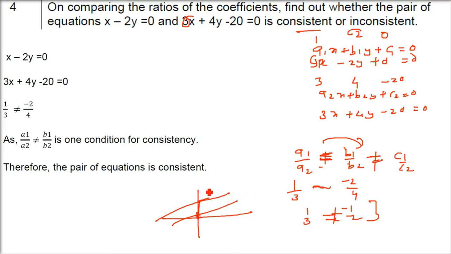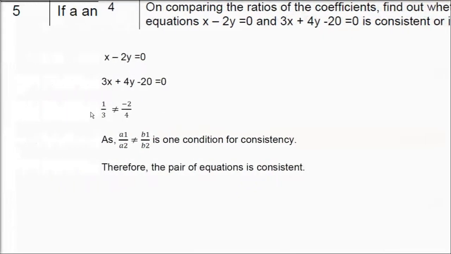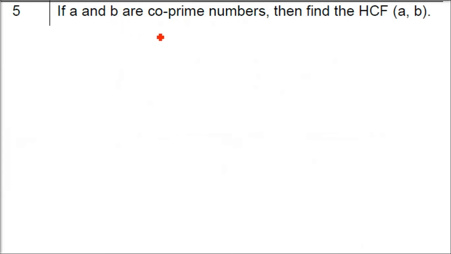The y-intercept is at some different distance, but they are parallel. But if a1 by a2, b1 by b2, c1 by c2 are all equal, these two equations are the same. Parallel lines will never intersect, and two equations which are the same intersect at infinite points.